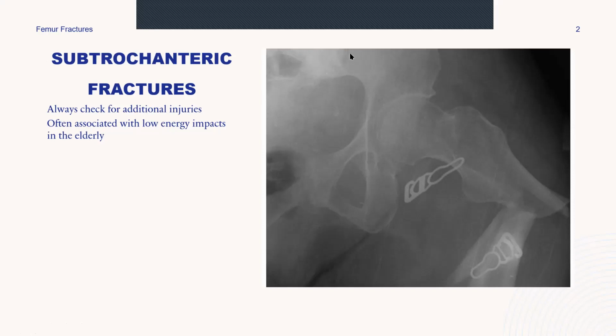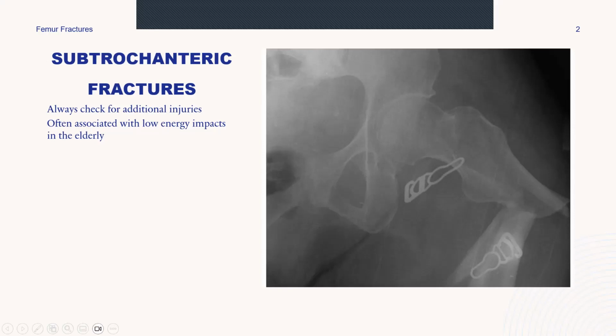As we had mentioned, once you've got your greater and lesser trochanter, then you're talking about the area just below there. This one is often associated in the elderly with low impact, low energy impacts, and they can present with quite significant shortening of the limb and extreme pain.